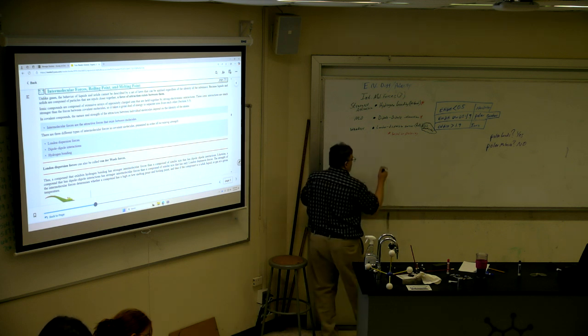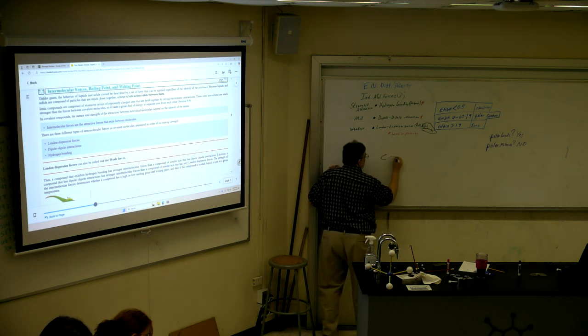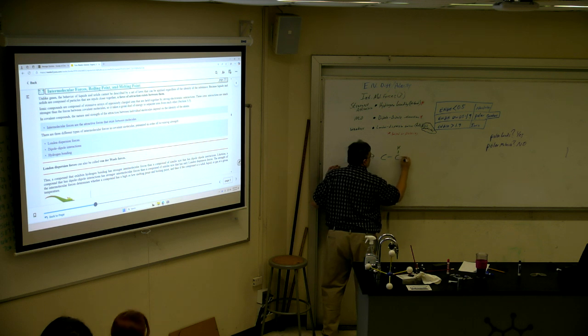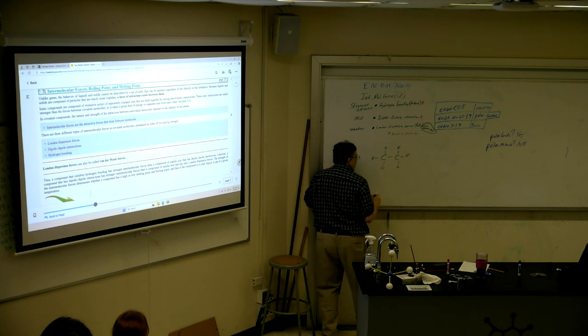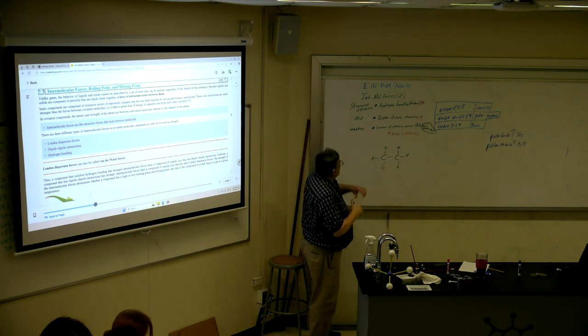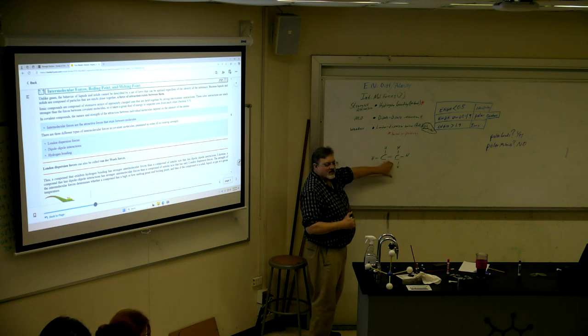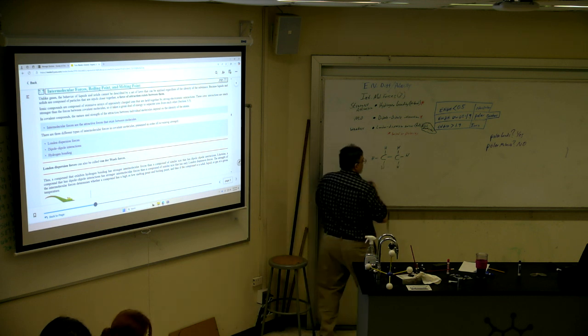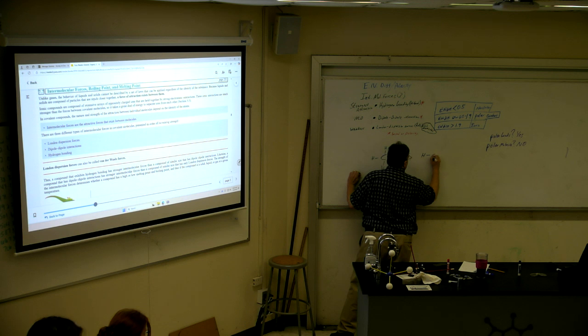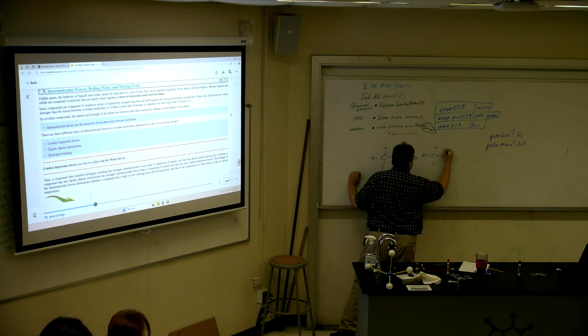A completely non-polar molecule, if I make it just carbon and hydrogen, that still has, and again, it's attraction. These still have a slight attraction to each other. If I have a bunch of these, this would be a gas, so it would have to be in a sealed container or whatever.